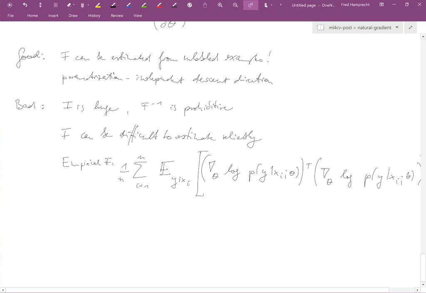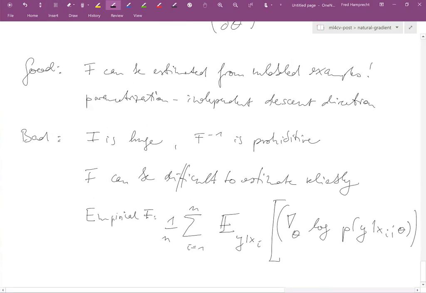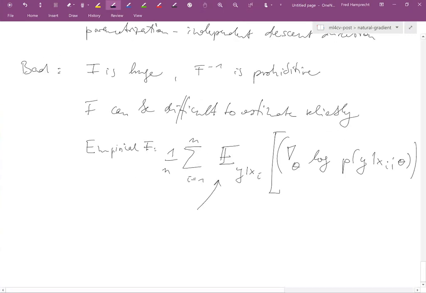And because we're using the same samples to estimate the gradient and the same samples to approximate the E bar here, the estimator here, we are using the same samples twice to estimate two different quantities, and that can result in numerical difficulties.